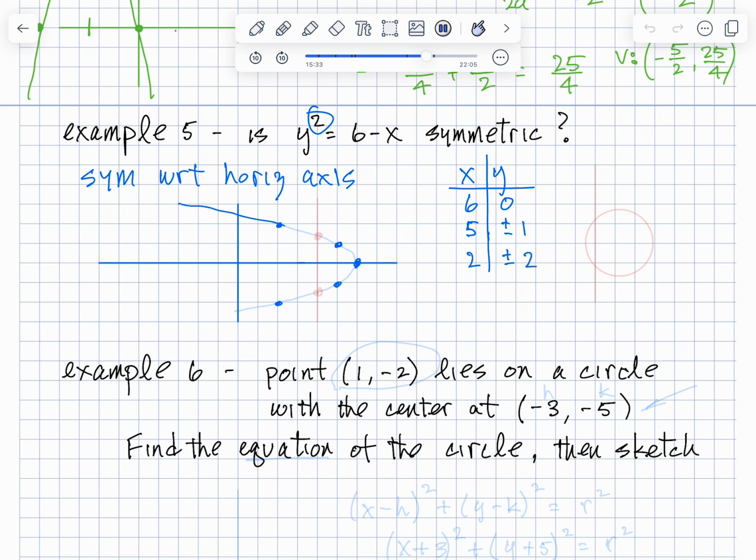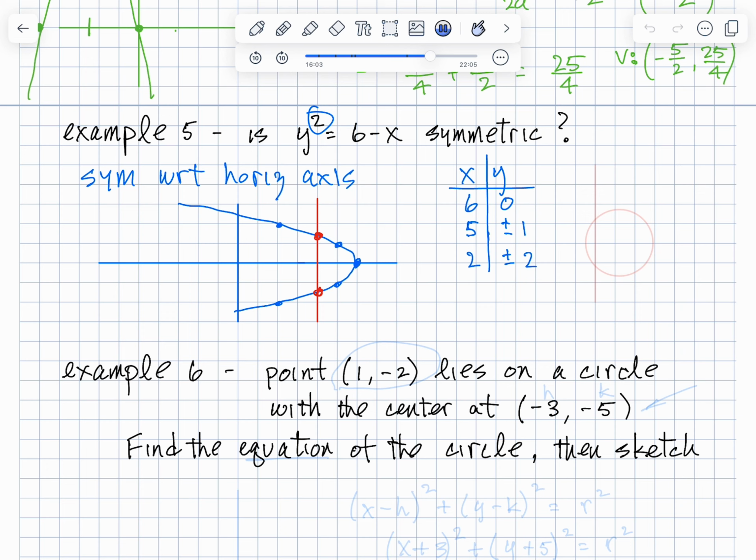This is a shape of a parabola, although this is not a function. And the reason we know it's not a function is because it doesn't pass the vertical line test. We draw a vertical line and it intercepts the graph at more than one place, so we know it's not a function.